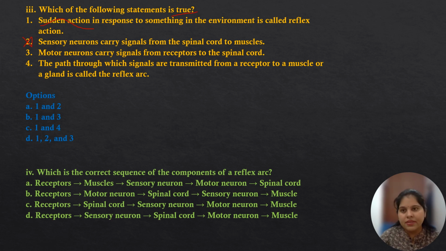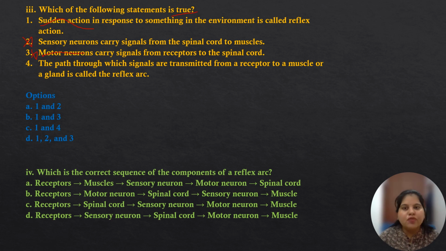Third statement is, motor neuron carries signal from receptor to the spinal cord. No, this is the function of the sensory neuron. Sensory neuron carries signal from receptor to the spinal cord. And fourth statement is, the path through which signals are transmitted from a receptor to a muscle or gland is called reflex arc.